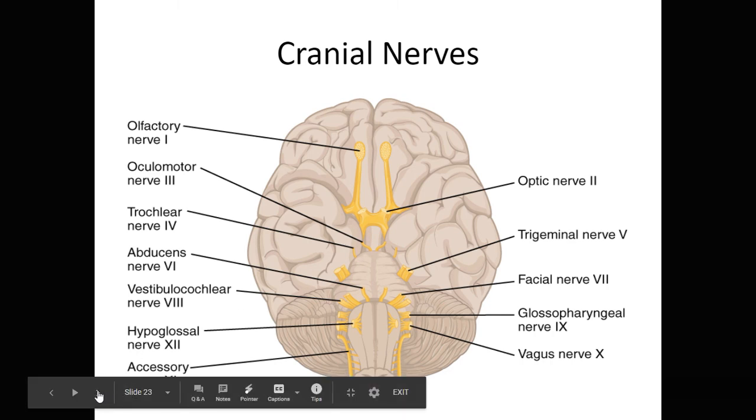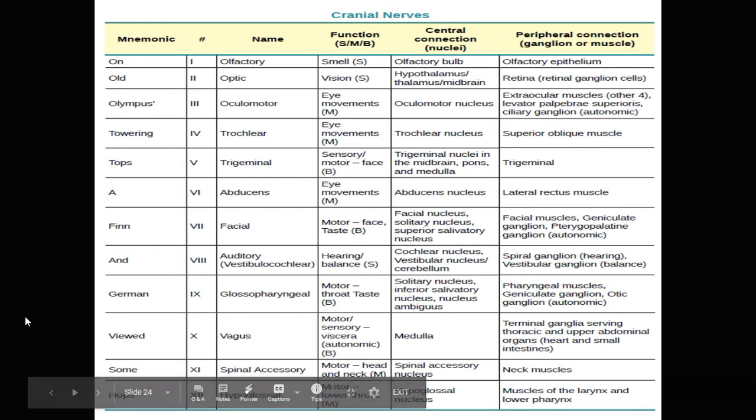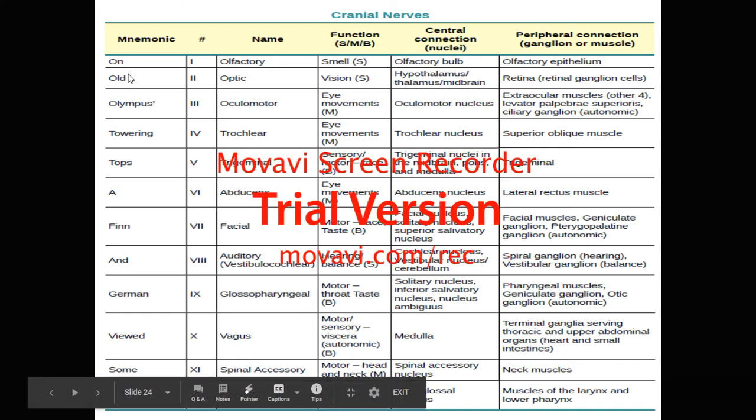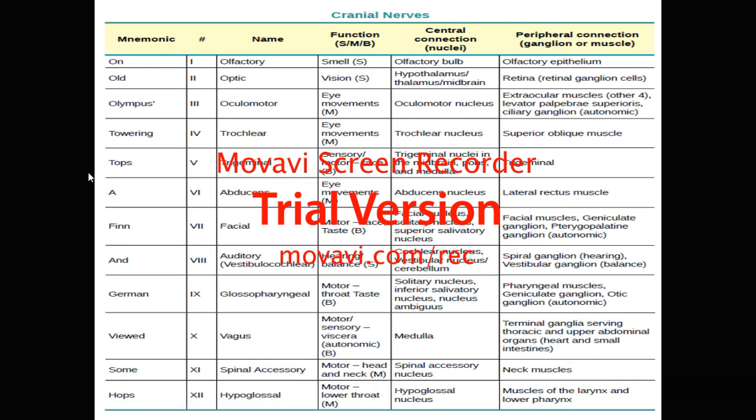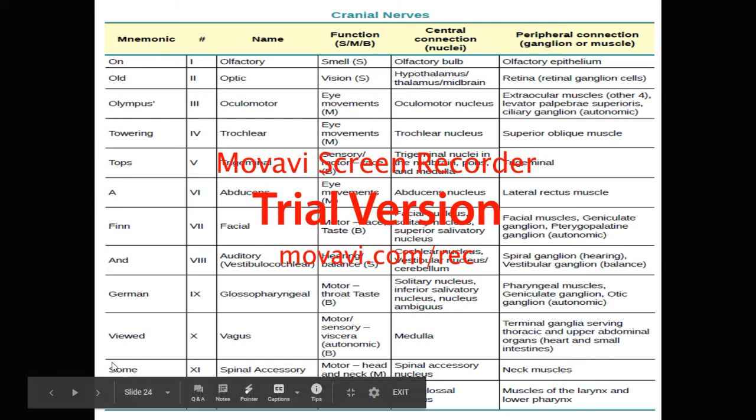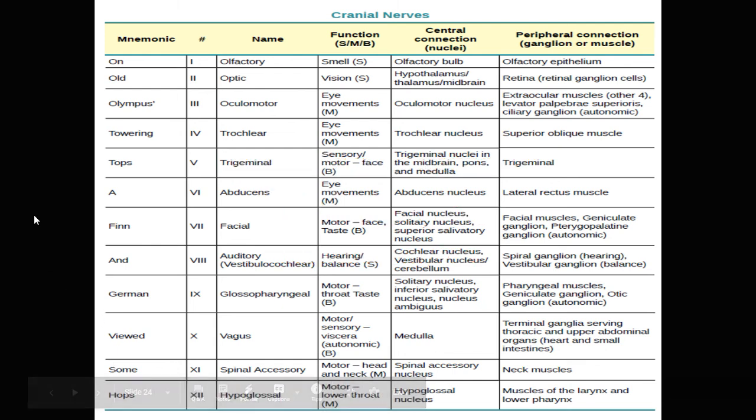And on the next slide, I have a table that summarizes the function of the cranial nerves. And here's another mnemonic. Again, you make up your own, but this one is: on old Olympus, towering tops, a Finn in German view some hops. Make up any crazy, funny mnemonic that works for you.